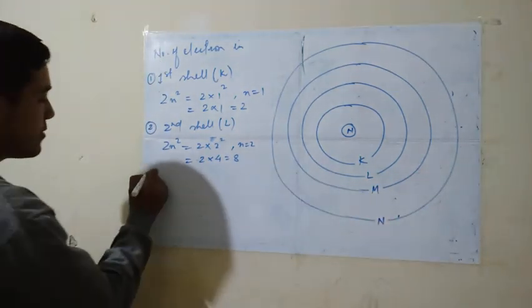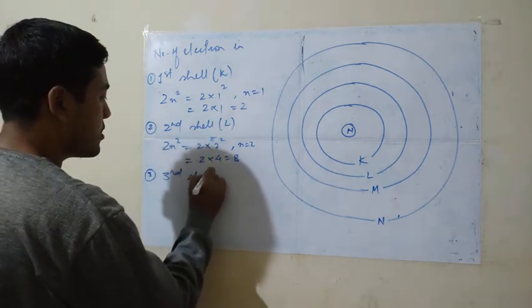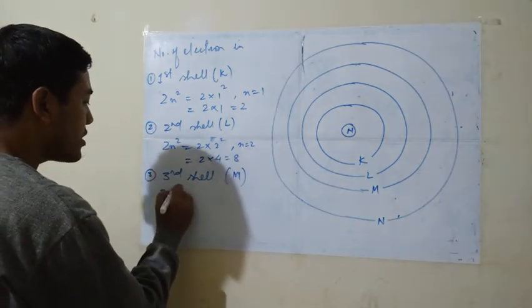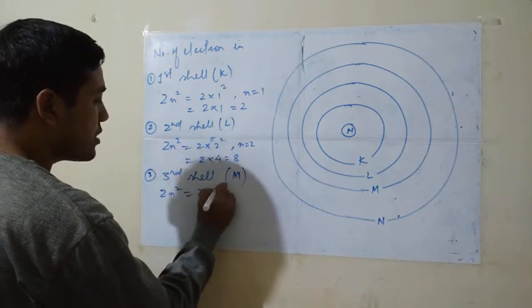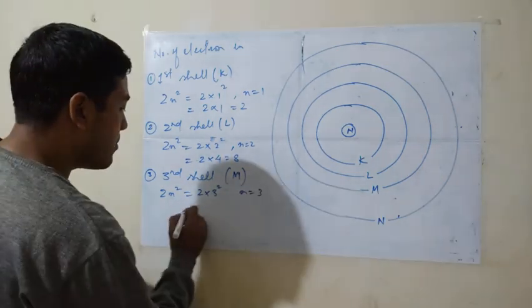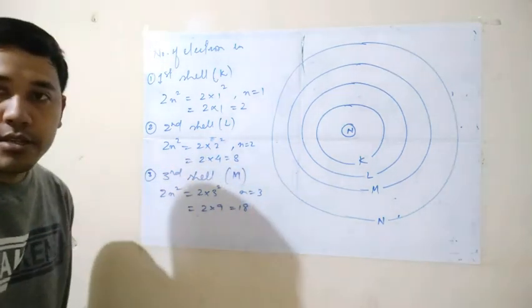The third one, third cell, that is the M. 2n square is equal to 2 into 3 square, where n is equal to 3, it becomes 2 into 9 is equal to 18, not more than 18, right?